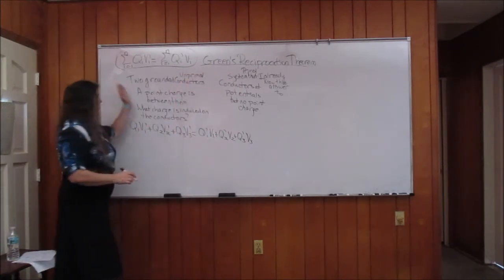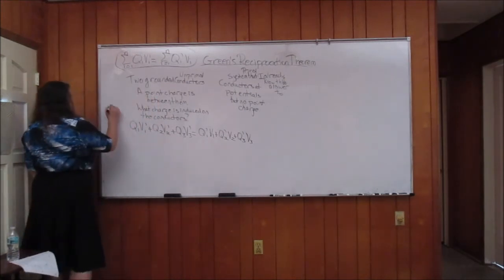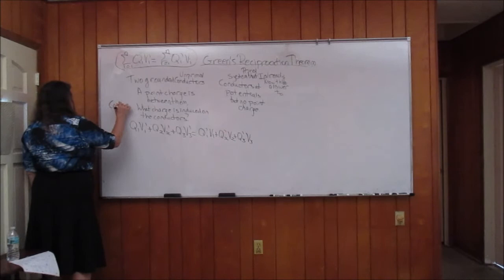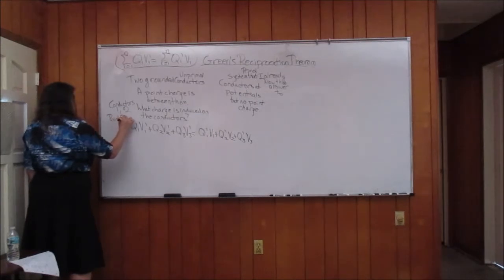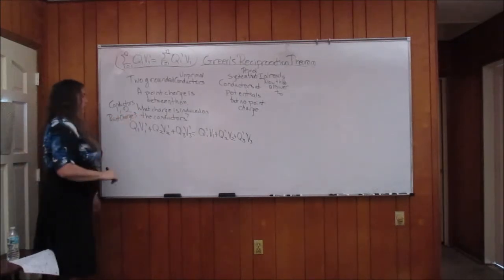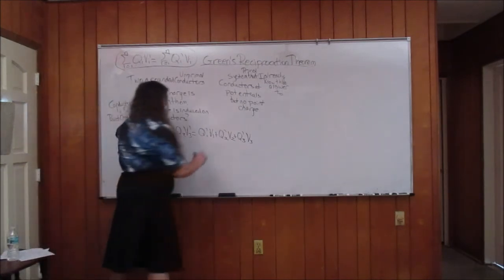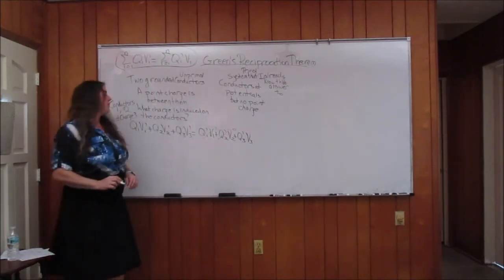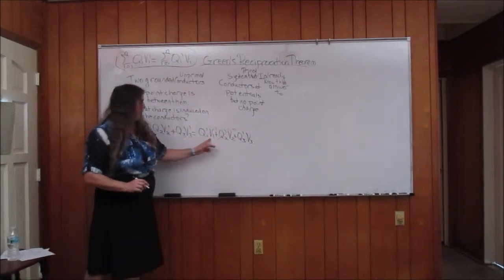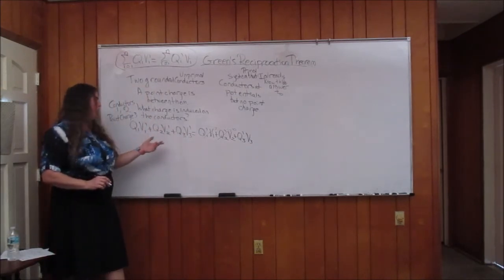Well, in our original system, the one that we're going to solve, we've got two grounded conductors. So we're going to call those conductors 1 and 2, and I'm going to call a point charge is going to correspond to 3. So if I've got two grounded conductors, those two terms are going to drop out because the potentials on the surfaces on the conductors are 0.